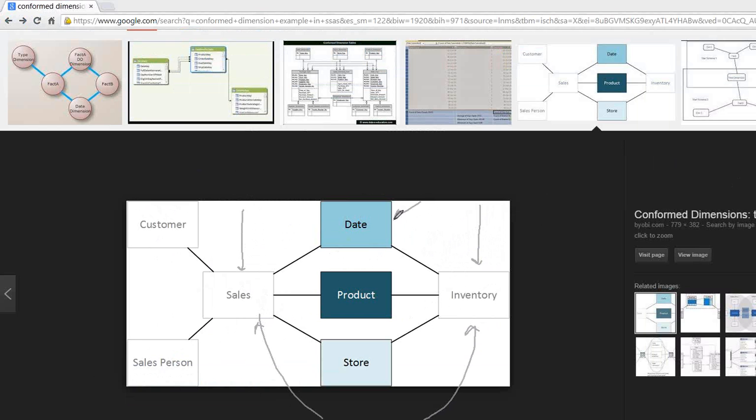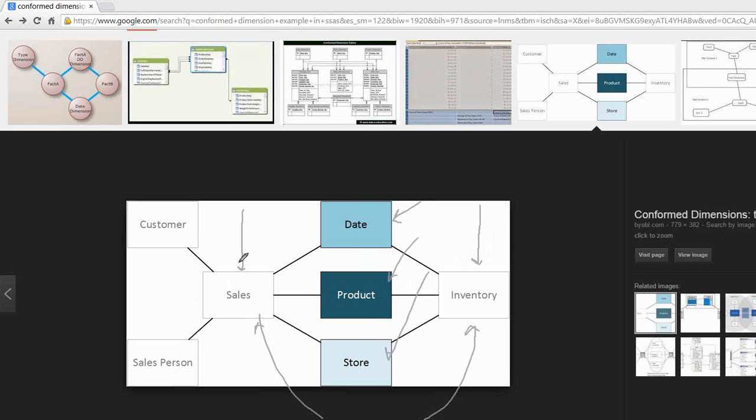The date, product, and store dimensions are common across these two, and these three will have the same definition with these fact tables. So when you add product to inventory and product to sales, it will have the same definition and data across the fact tables.